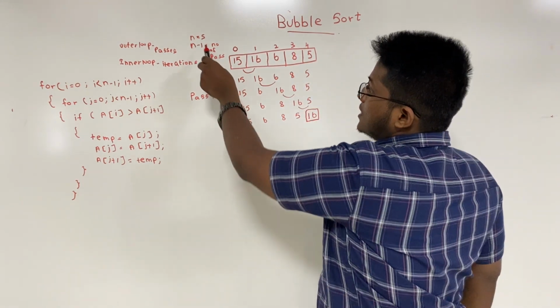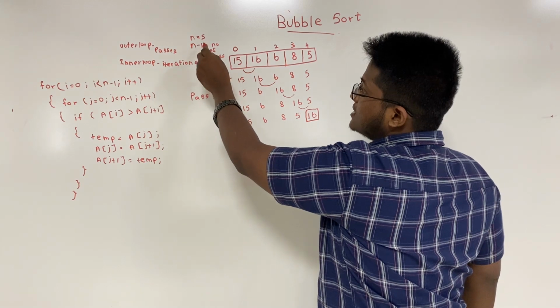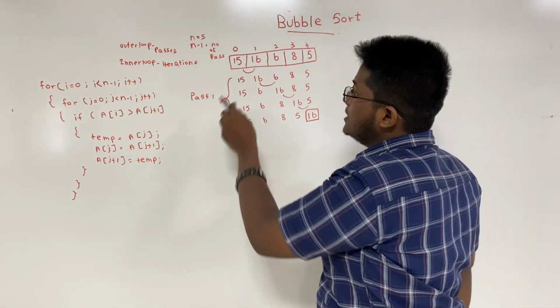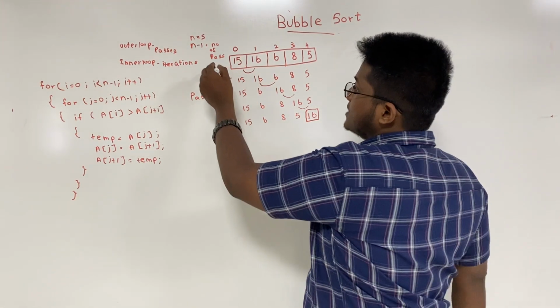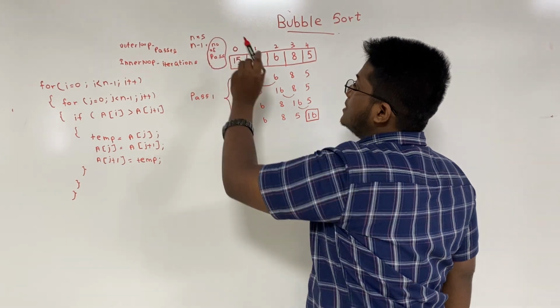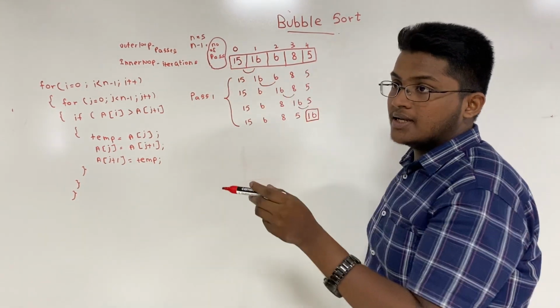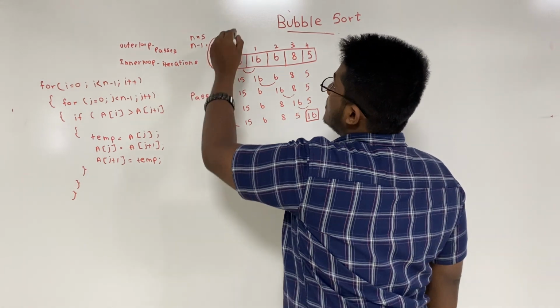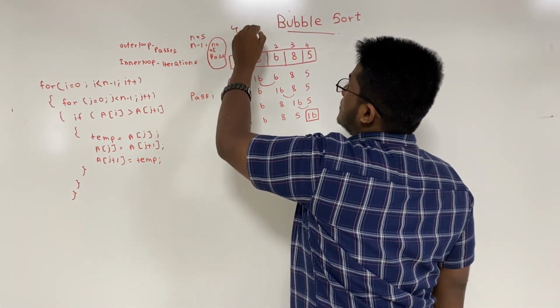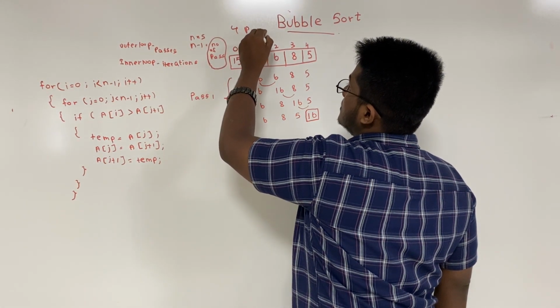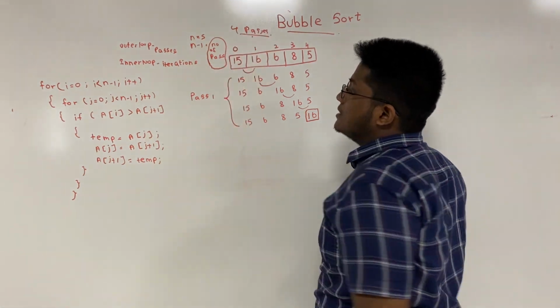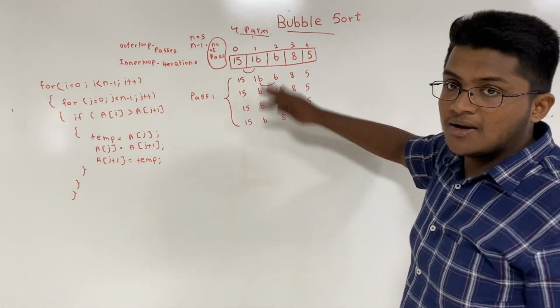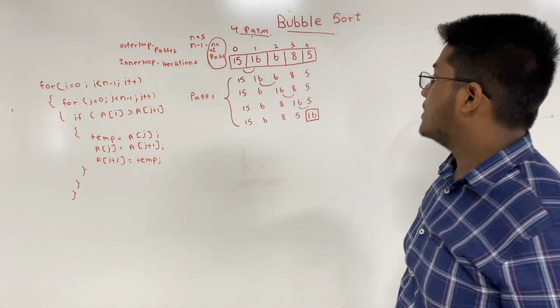So the number of elements minus 1, n minus 1, is equal to the number of passes. There are 5 elements, so 5 minus 1 is 4. So there are 4 passes. This is one pass. I will tell you how to do it.